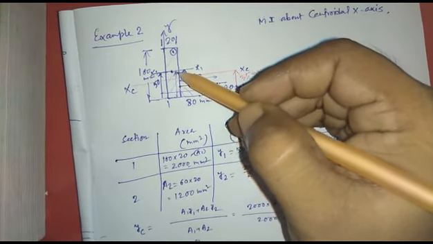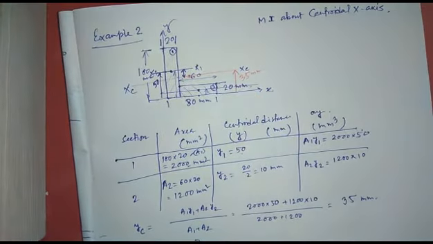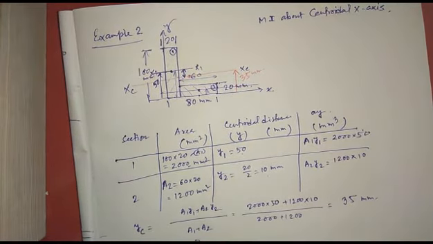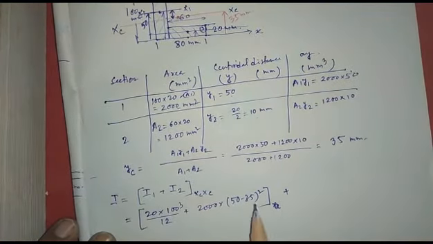Now this axis lies at 50 and this lies at 35. So 50 minus 35 square. So that is your I1 about x.